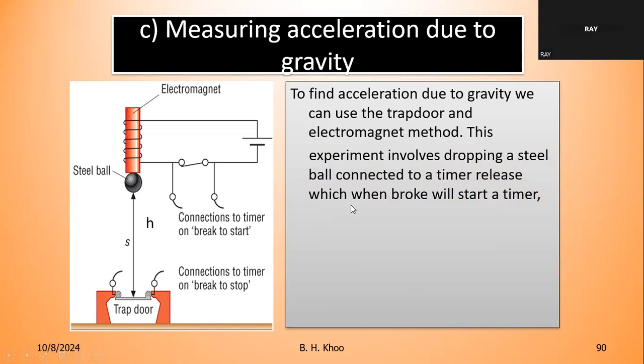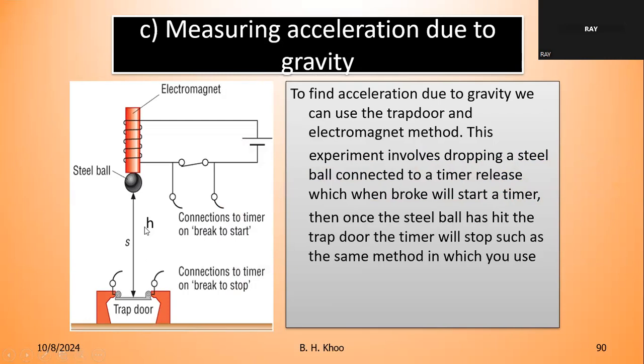The timer starts. When the ball hits the trapdoor, it opens, closing the switch, and the timer stops. That's how it works. One thing about this method is that the timing is 0.01 second, 2 decimal places.